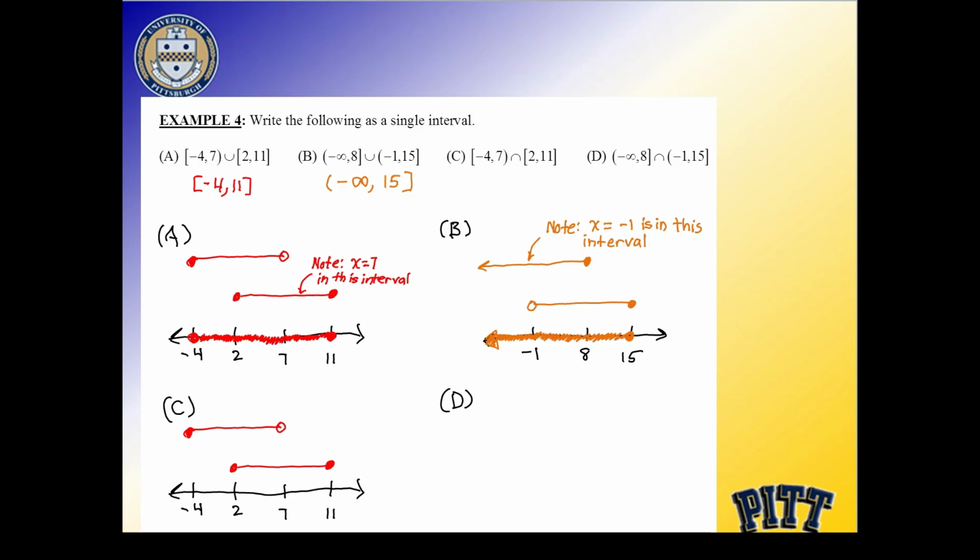So intersections tend to be a little bit more exclusionary, whereas a union is kind of more inclusionary. As far as part C goes with the intersection, I only want portions where I have two lines above it, or two values above it, that each one of these intervals share. So here's what I'm looking for, the first one, between 2 and 7.